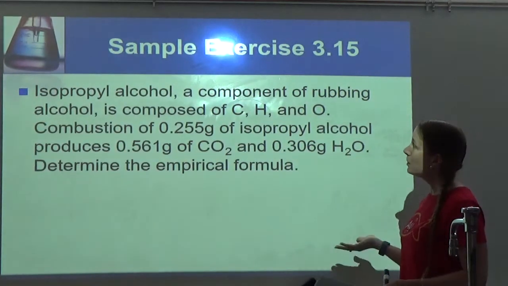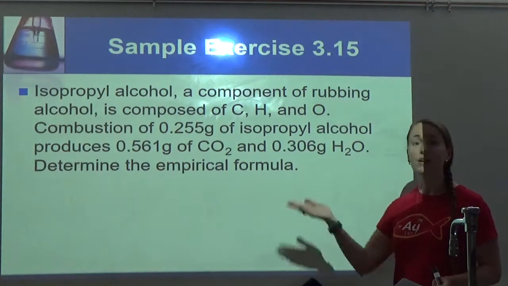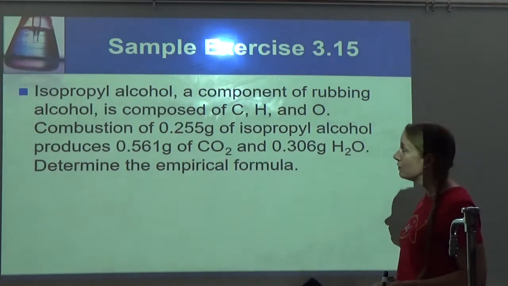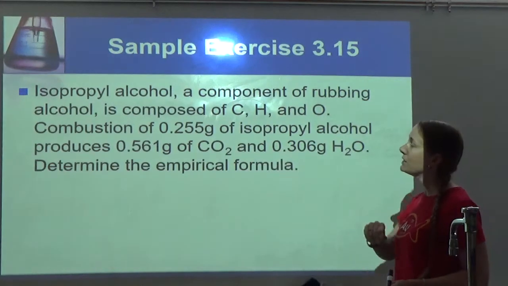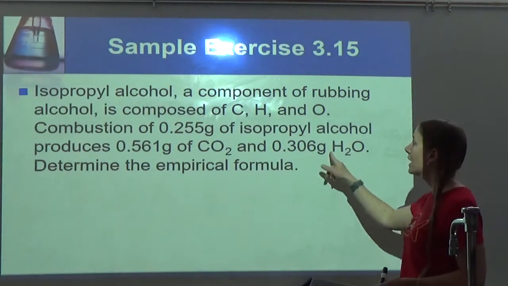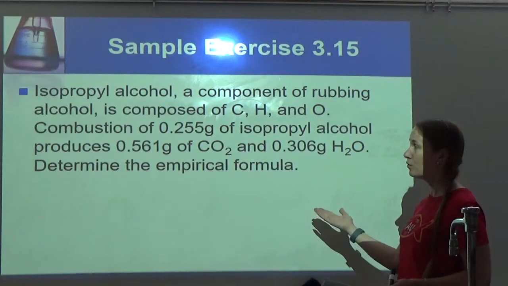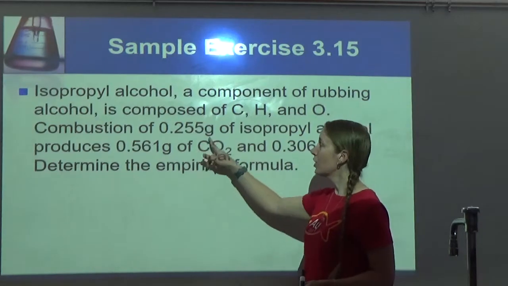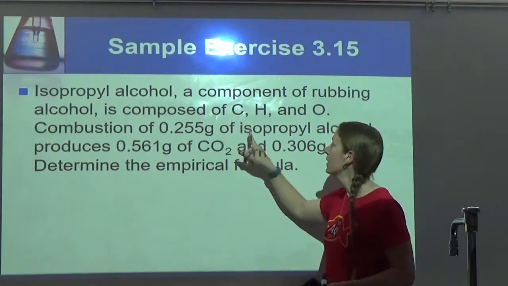It says isopropyl alcohol, a component of rubbing alcohol, is composed of C, H, and O. So we know that's what it's formed from. Combustion of 0.255 grams of isopropyl alcohol produces 0.561 grams of carbon dioxide and 0.306 grams of water. Determine the empirical formula. Okay, so y'all, what I can tell is all of the carbon from carbon dioxide came from isopropyl alcohol.